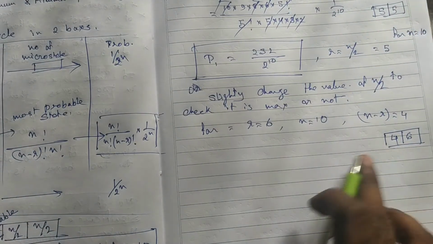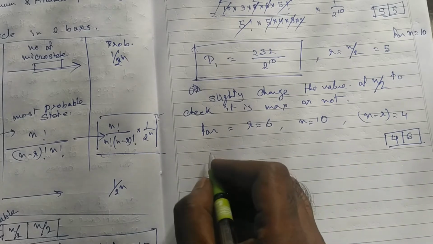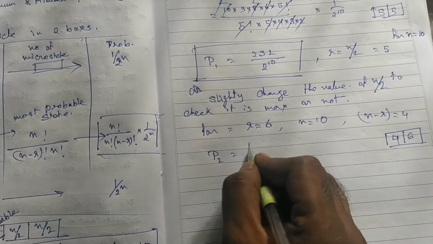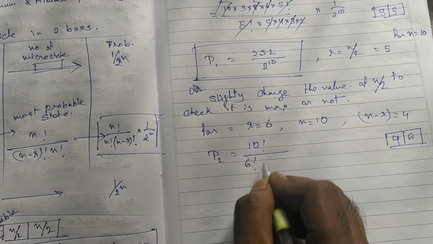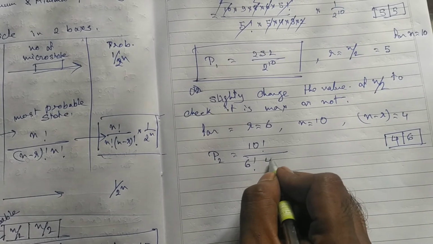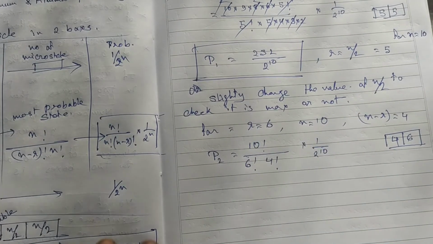So in that case we slightly change the system. P2 becomes 10 factorial by 6 factorial 4 factorial into 1 by 2 to the power 10.